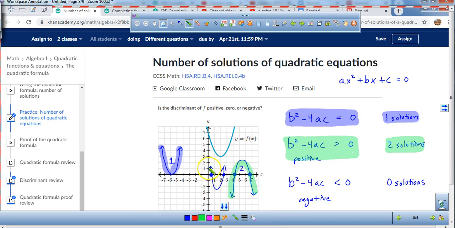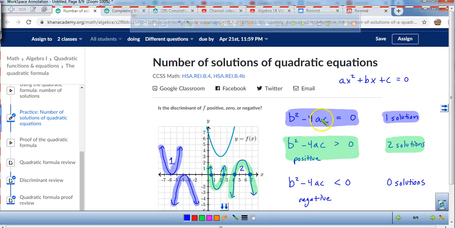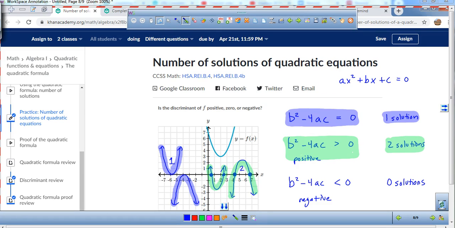Just like over here, you could have a graph that comes up, touches it one time, and goes back down, so you could have one solution with a parabola that opens down. Just remember, the a value controls whether it opens up or down. If it's positive, it opens up. If it's negative, it opens down.